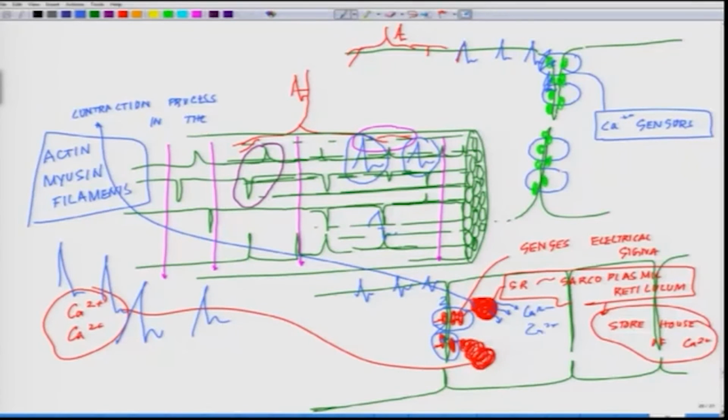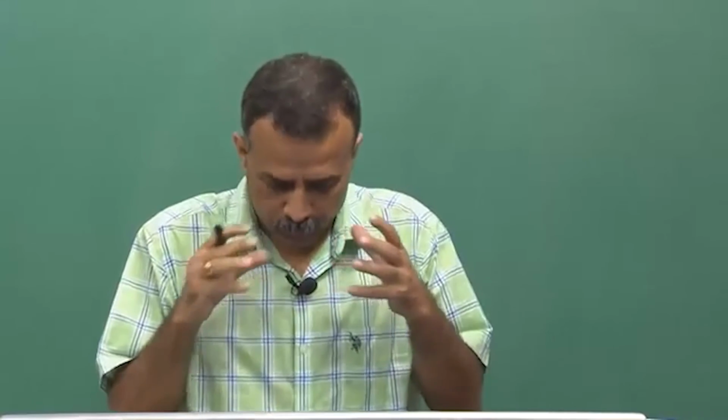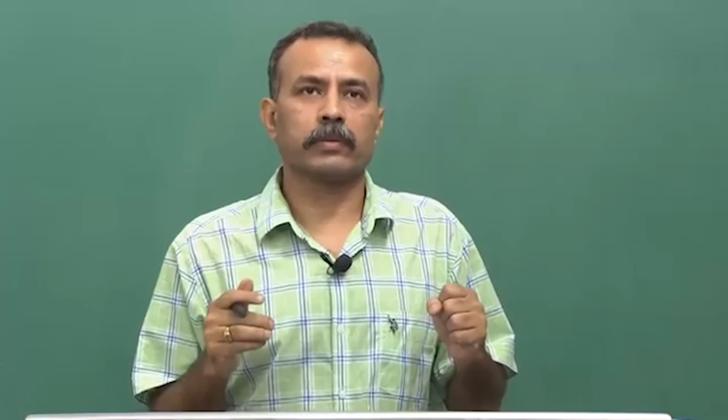So, that whole movement on the actin myosin filament is executed by the calcium which is secreted at that spot. Okay.